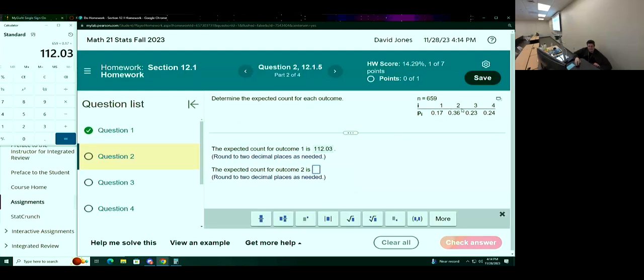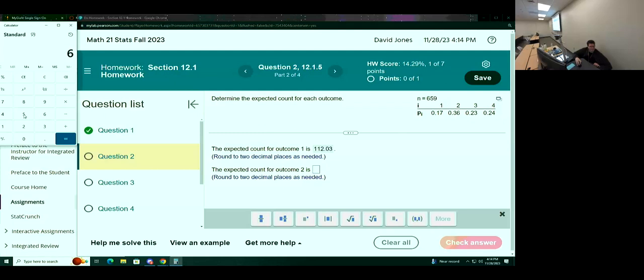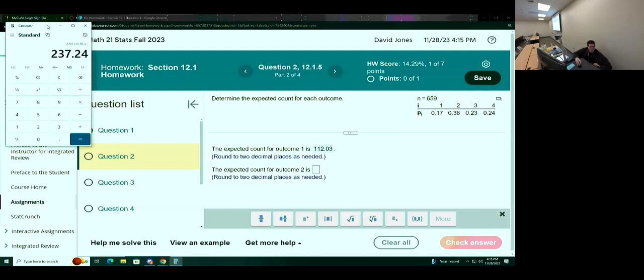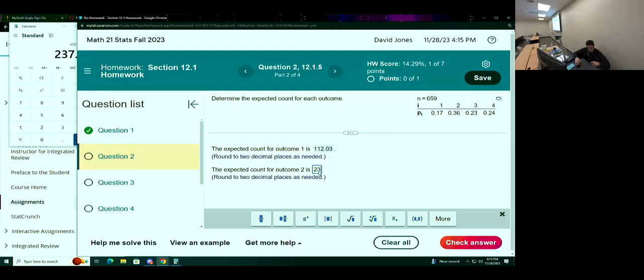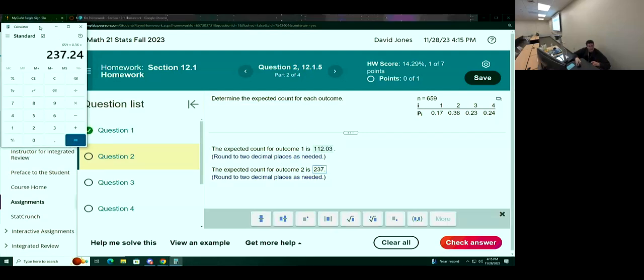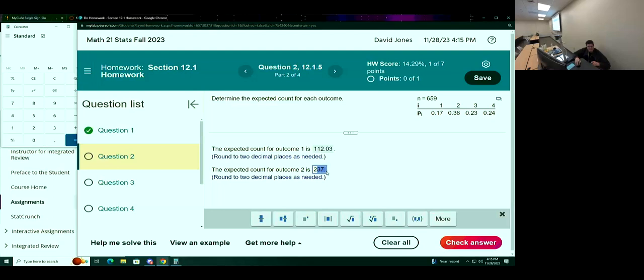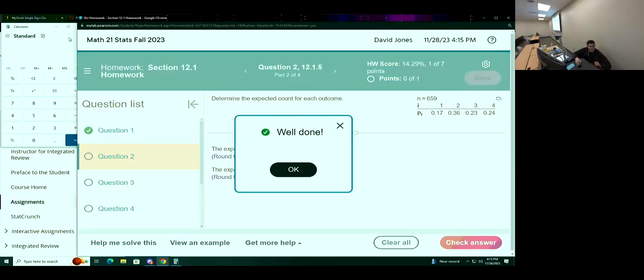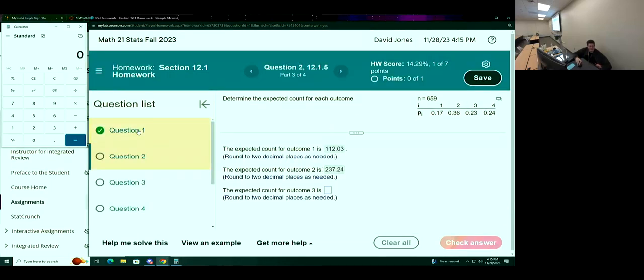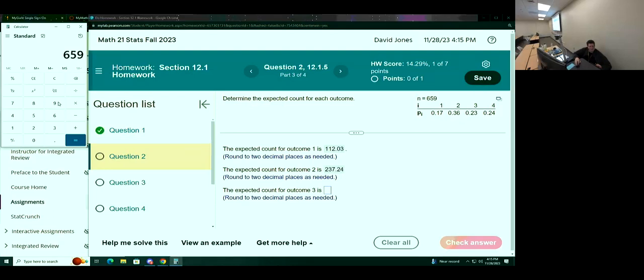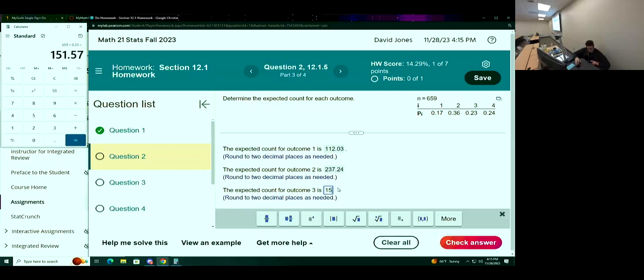We're going to take 659 and multiply it by 0.36. Then 659 times 0.23 is 151.57.